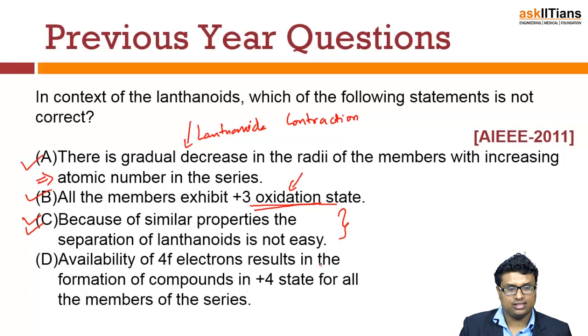Availability of 4f electrons results in the formation of compounds in +4 state for all the members of the series. Remember, we have also discussed that the +4 oxidation state is not possible for all the members of the series. It is only for certain members of the series. So this is a wrong answer. In the question it is asked, in context of lanthanides, which of the following is not correct? So D is the option.